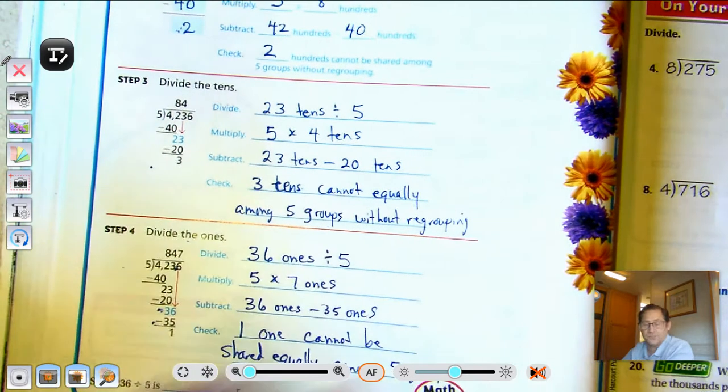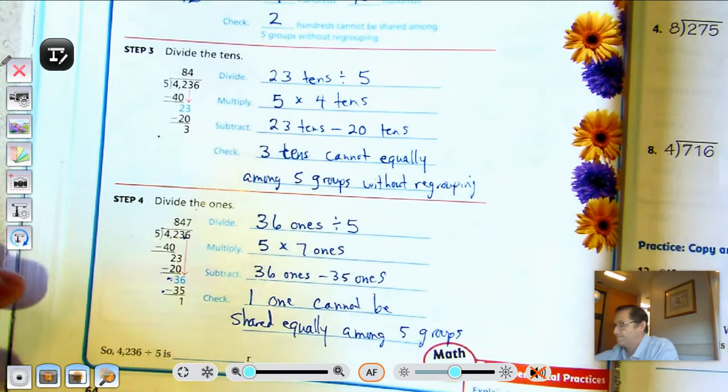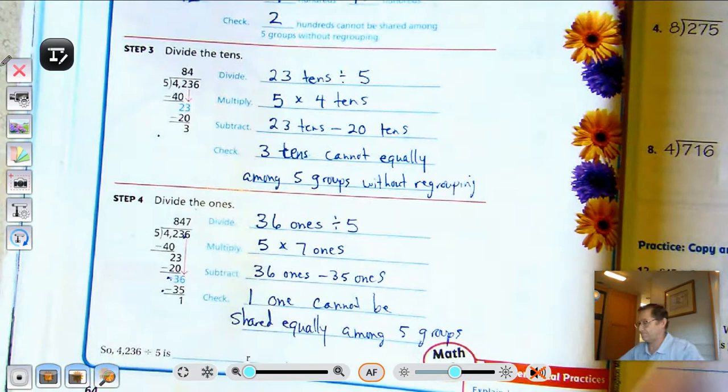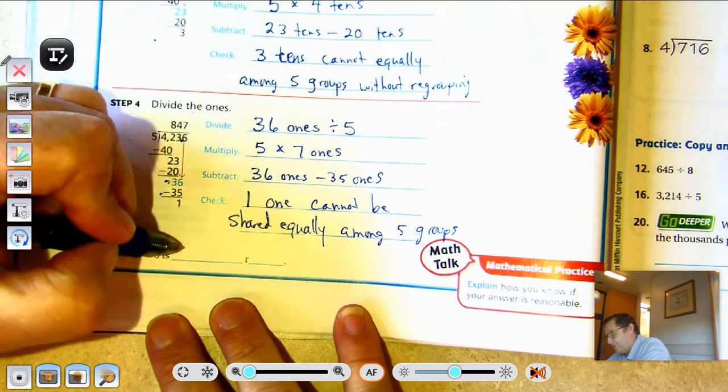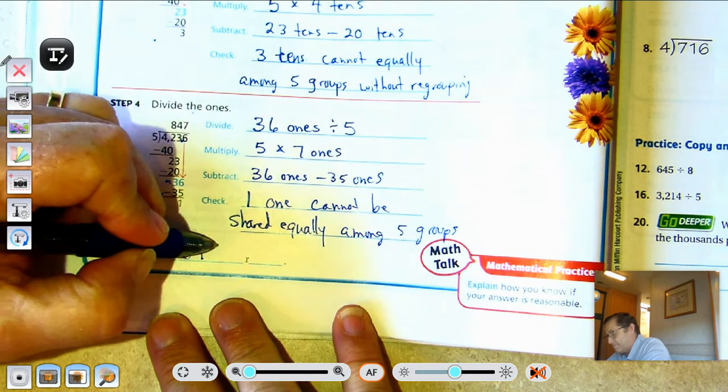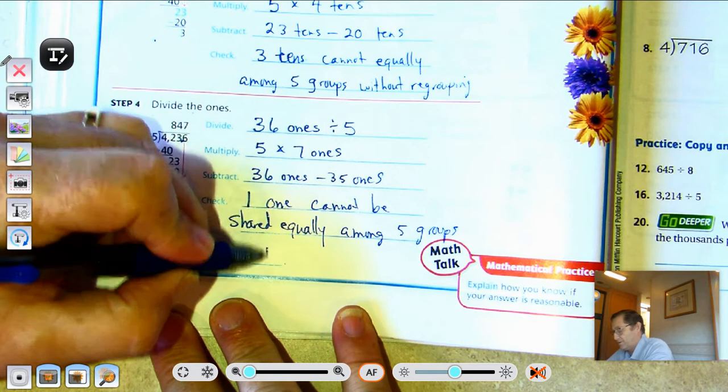So our answer to this problem is 847 with a remainder of 1.